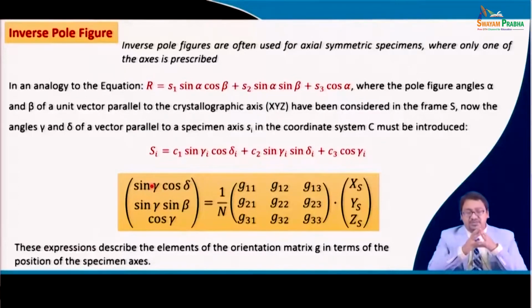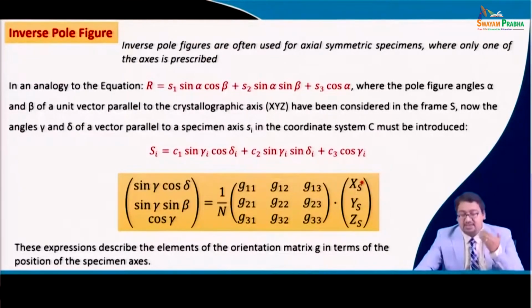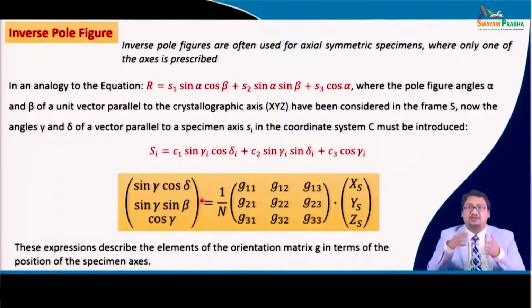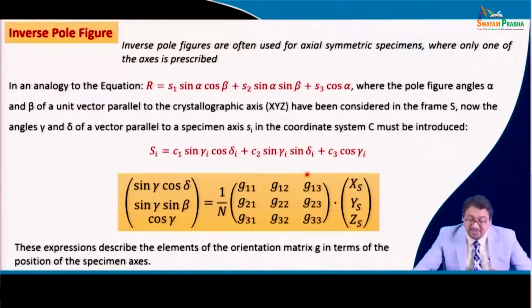The crystal coordinate system, which is sin gamma cos delta, sin gamma sin delta and cos gamma, is equal to the sample reference system xs, ys and zs normalized by 1 by n, where n is equal to the root of xs square plus ys square plus zs square, and is in relationship with G here. So, Cc is equal to Cs times G, which is G11, G12, G13, G21, G22, G23, G31, G32, G33.